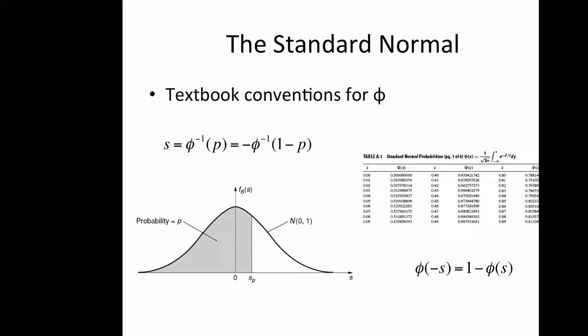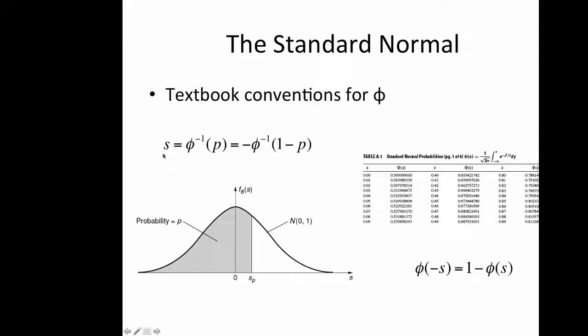The textbook conventions for the standard normal variate CDF function phi is in this form here. Generally, S is the generalized random variate value.